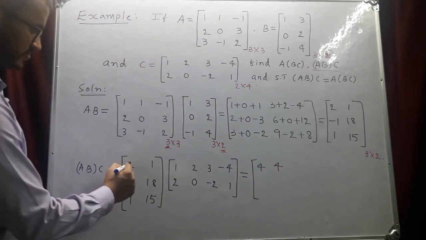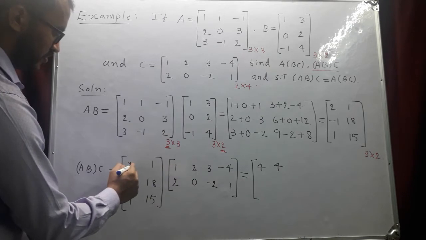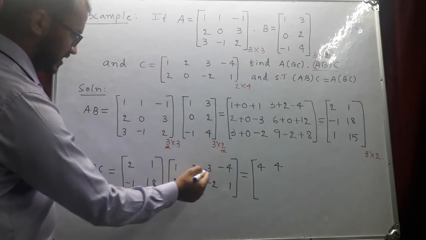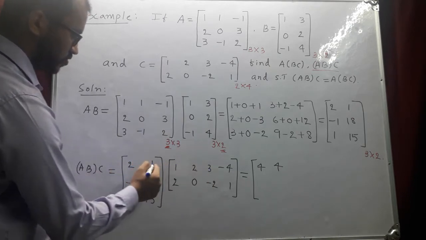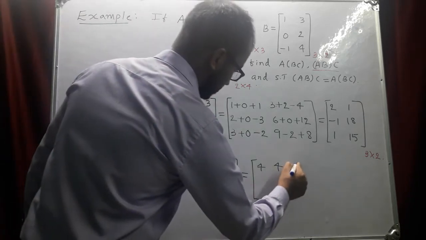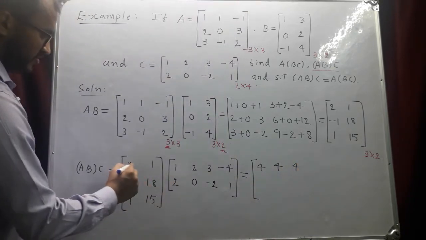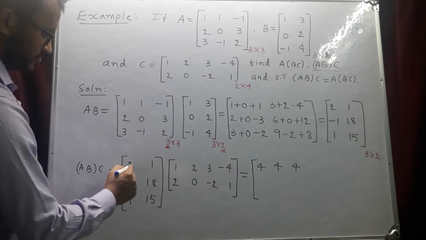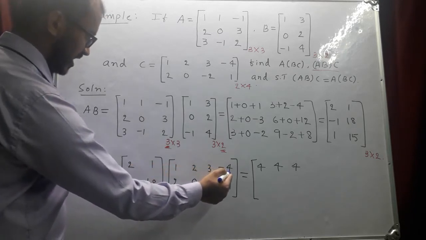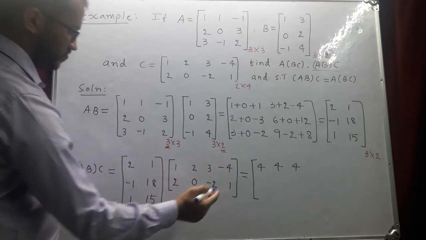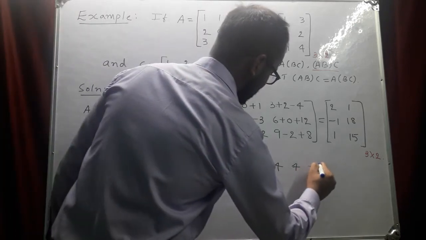Next element, first row, third column: 2 3s are 6, minus 2, again we get 4. First row, fourth column: 2 into minus 4, minus 8, plus 1, that is minus 7.